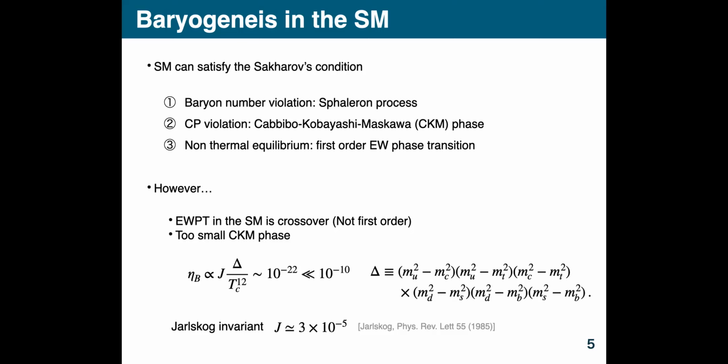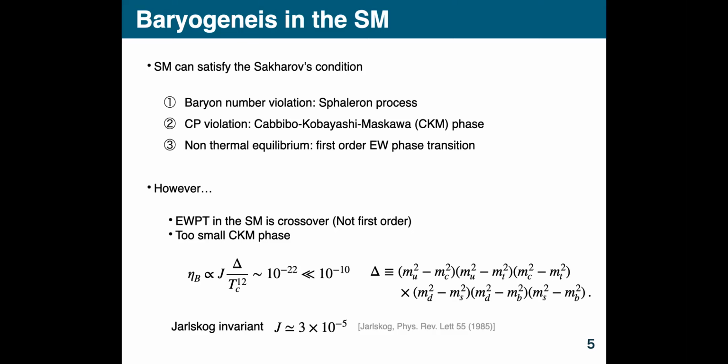Even if we neglect the third condition, the CP violation in the CKM phase is too small to explain the observed baryon asymmetry. This is a typical prediction in the standard model: eta_B is around 10 to the minus 22.